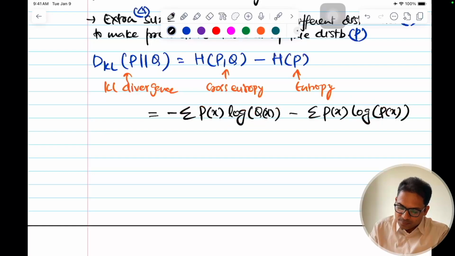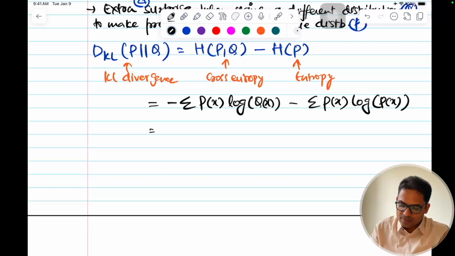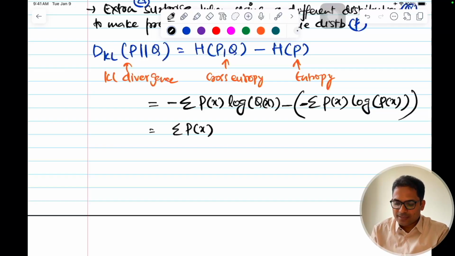Now let's expand it. Here you see that sigma P of x is common in both. This is a negative term, and this is the inherent minus. So minus and minus will become plus.